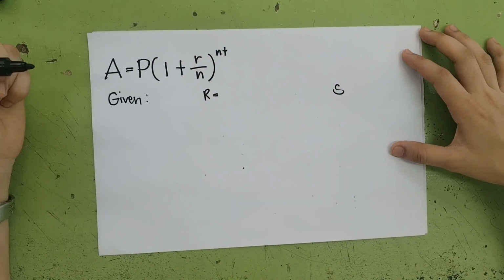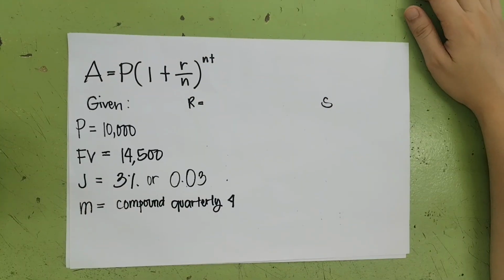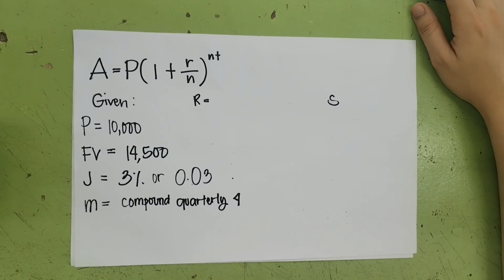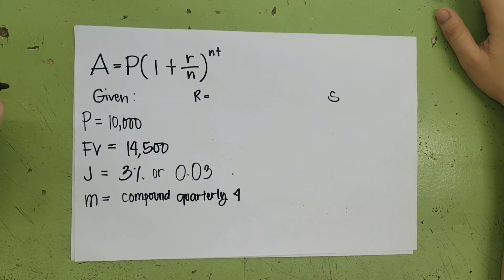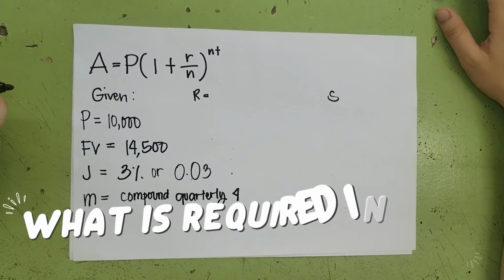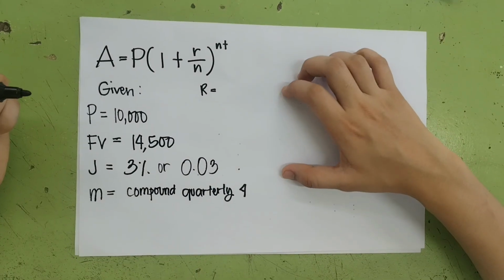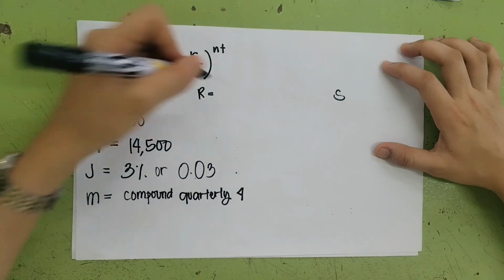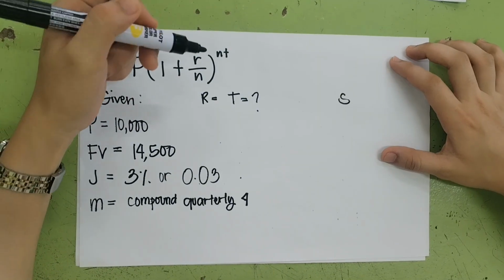So let us identify the given in the problem. Then, in the problem, it is being asked how many years. So the required in this problem is the time, the years. That is what we are going to find as we go through our solution.